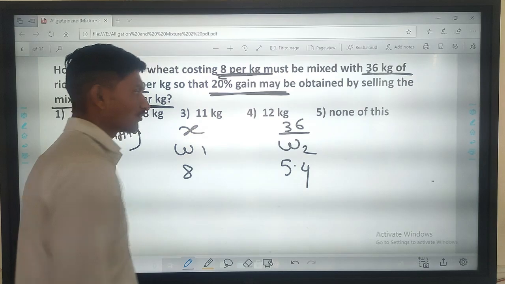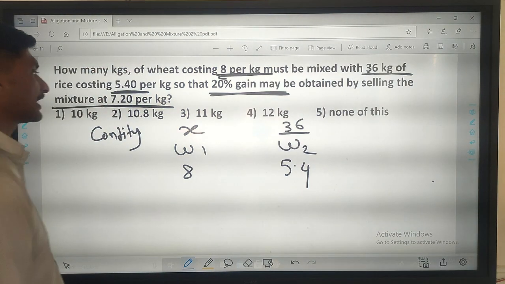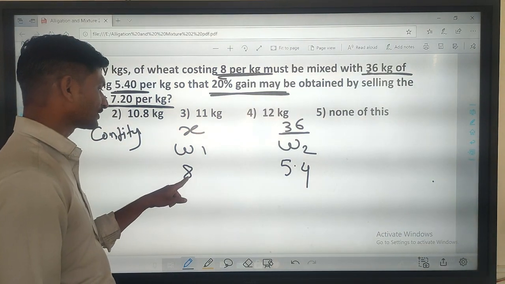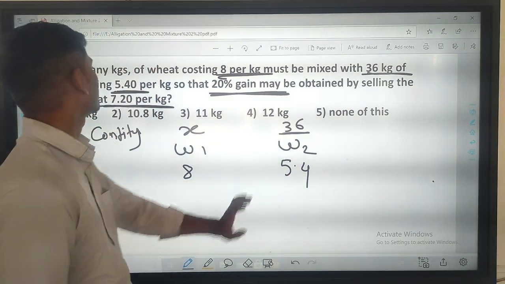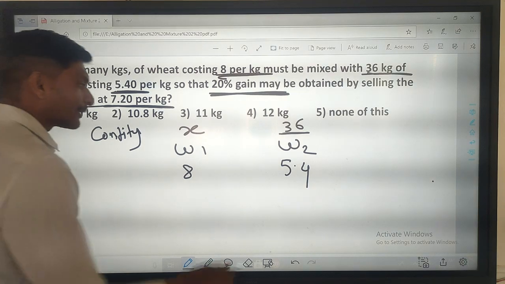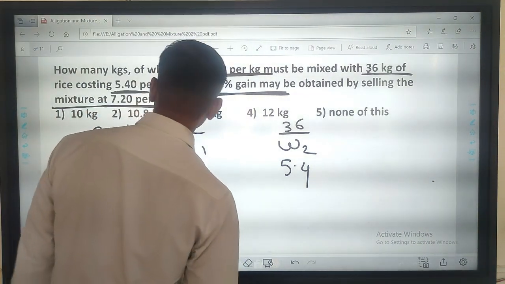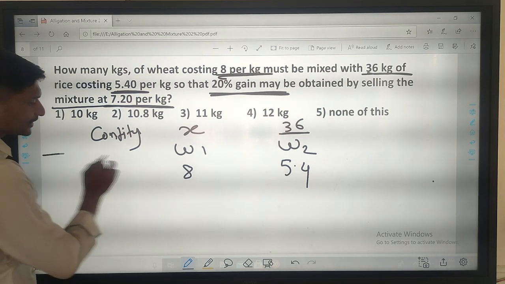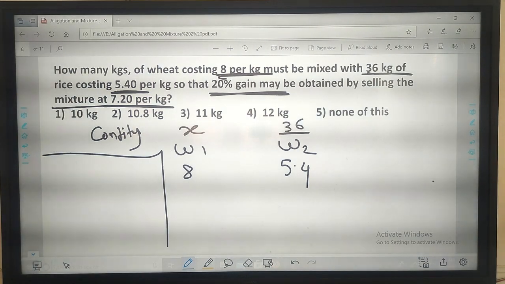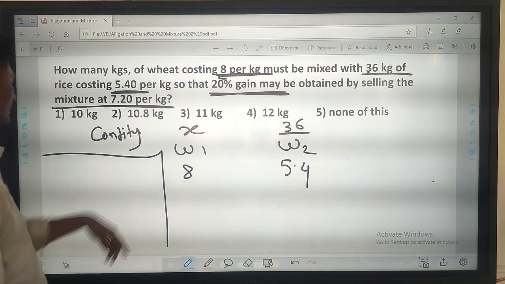Now they are mixed, and then the mixture will be sold at 7 rupees per kg.